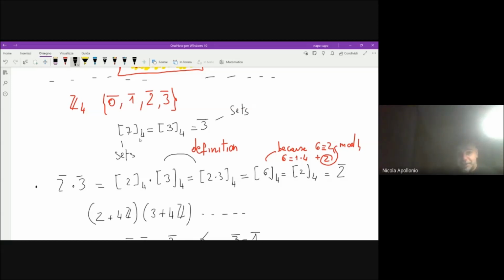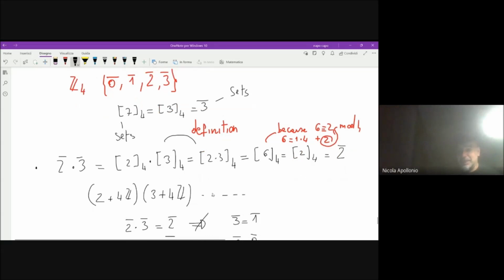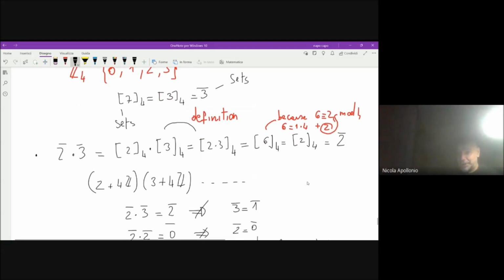So the class of 7 modulo 4 is the class of 3 modulo 4. Let us try to introduce an operation, for instance the multiplication of two classes. Pick the class of 2 and the class of 3 modulo 4. The class of 2 modulo 4 is denoted in this way, and the class of 3 modulo 4 is denoted in this way.